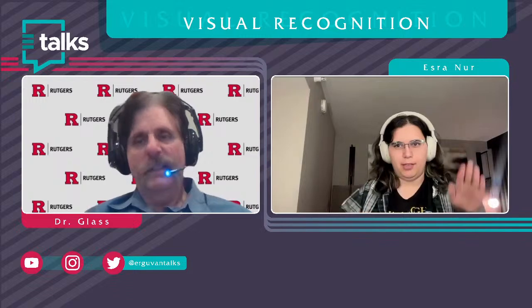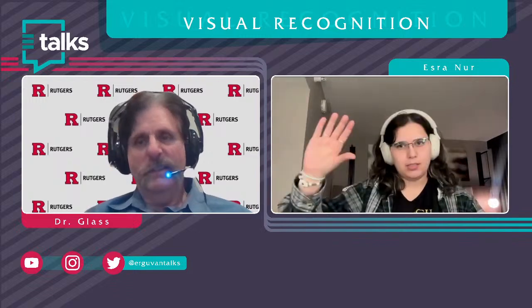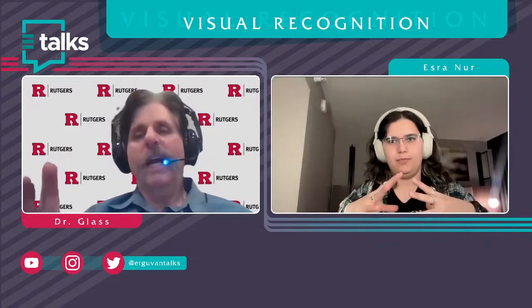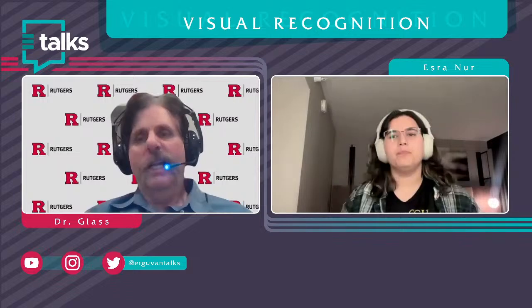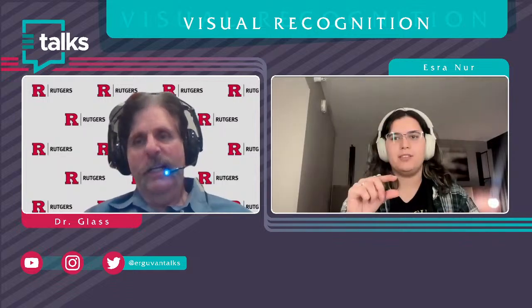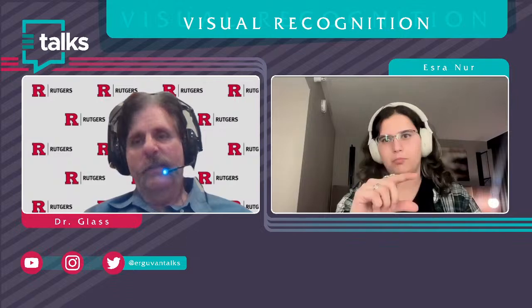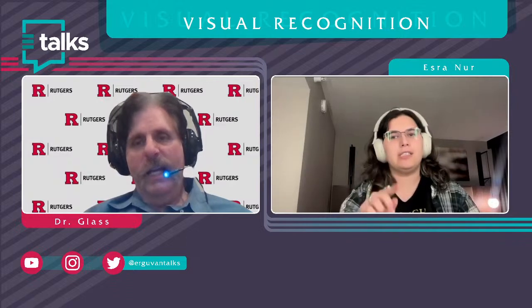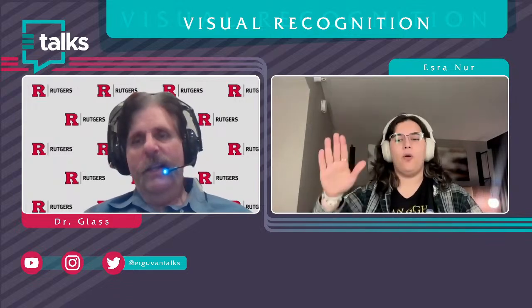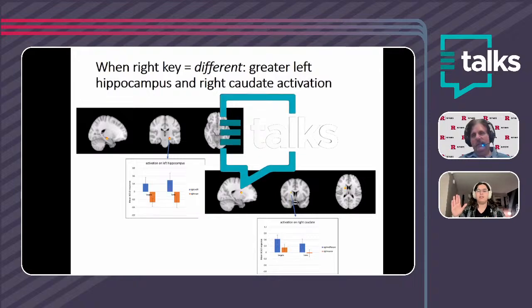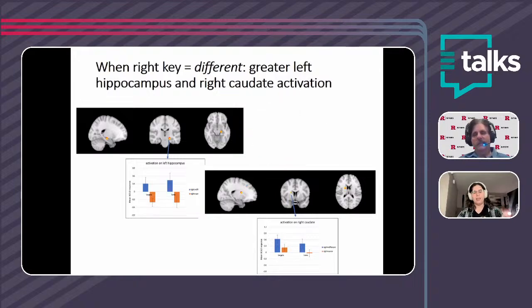And then there's going to be a sequence of consonants, a string of four consonants, that appears, and then immediately there's going to be a choice of a random consonant, and you're going to see if that consonant was in that string. Exactly. And the right key is assigned "same" for some subjects, and the left key is "different". And for the other subjects, it's assigned the opposite. The right is "different".